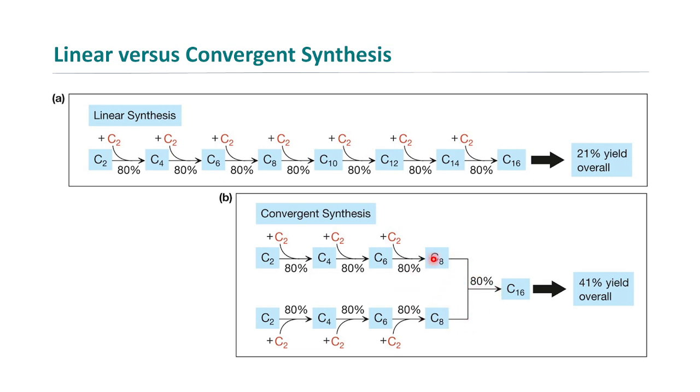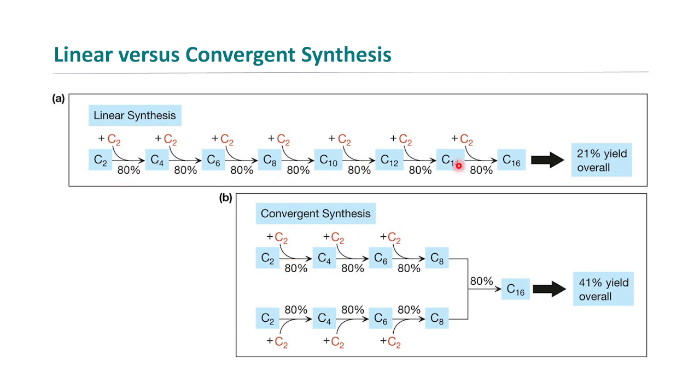And so what you see here is that because of a convergent synthesis, we don't lose everything every single step. We don't compound every single step together. We're only compounding these steps together right here, then these steps together here. That then has one last compounding that happens to the overall thing, and then we get 41% yield. And again, you can do that fairly easily mathematically.